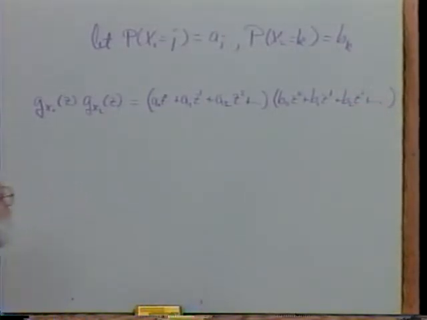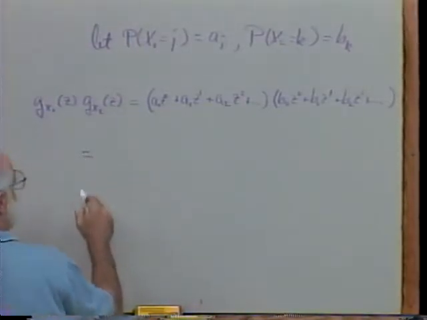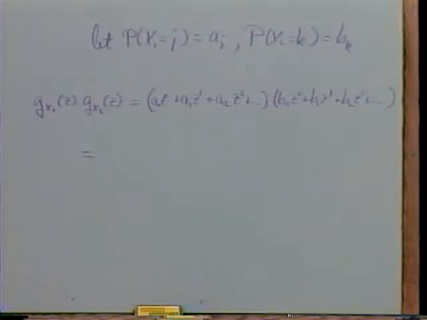So that's the product of those two generating functions. Now I do the obvious, which is I multiply out term by term and collect the coefficients of the various values of z.